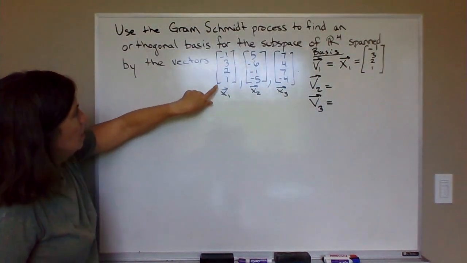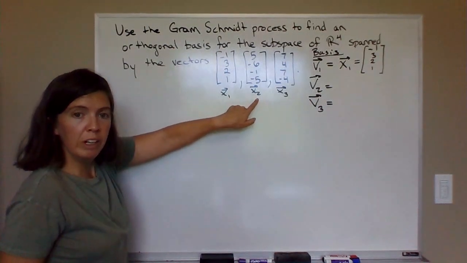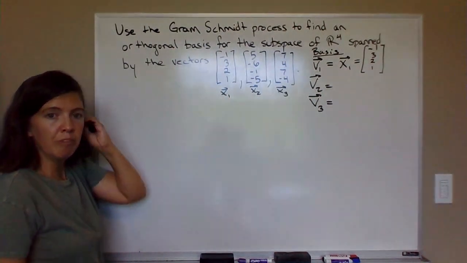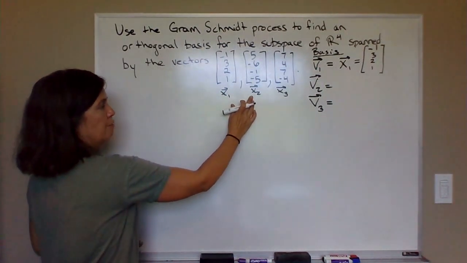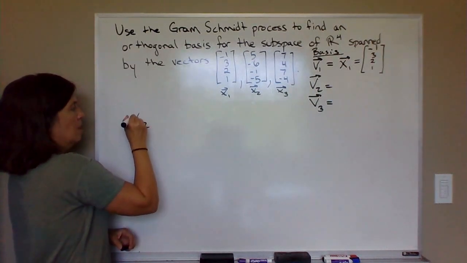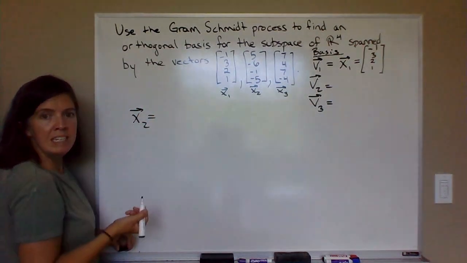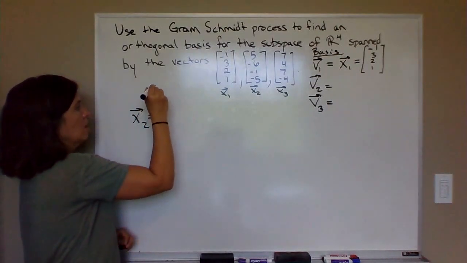Now we need to come up with our second basis vector. This is a familiar process from a previous example video I gave, but we're going to take x2 and decompose it. Let me draw a picture.